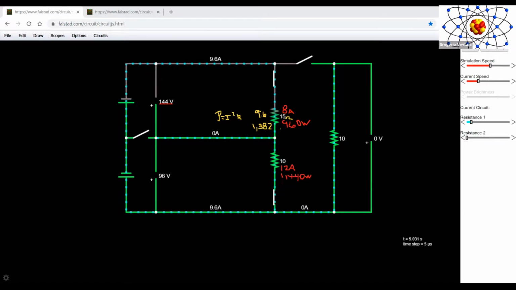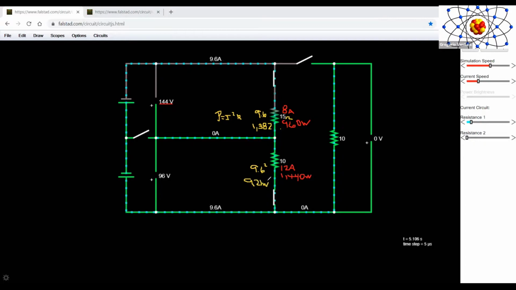While on this one in here, we have the same 9.6 amps. And if we apply the same formula, and we have 9.6 squared times the 10, then we only have 921 watts.